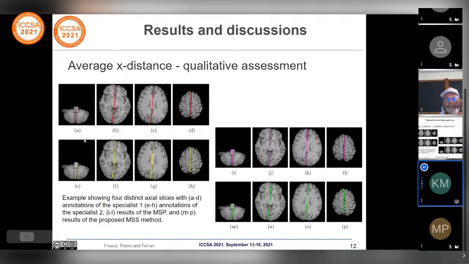As it can be noticed, since the MSP assumes that the IHF can be approximated by a plane, it failed the detection in brains with torque, like in image J. Whereas our method, MSS, has successfully captured this change in image N. We can also note a very small disagreement between the two specialist annotations and the MSS method.